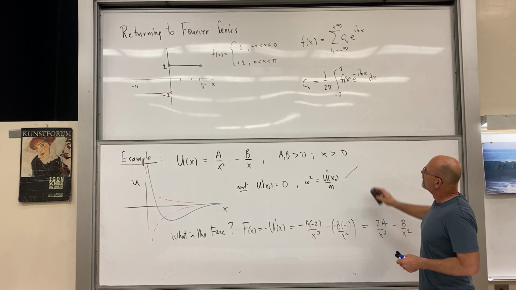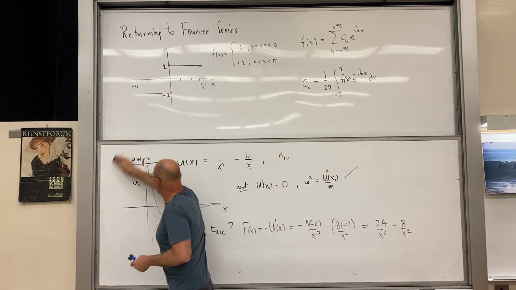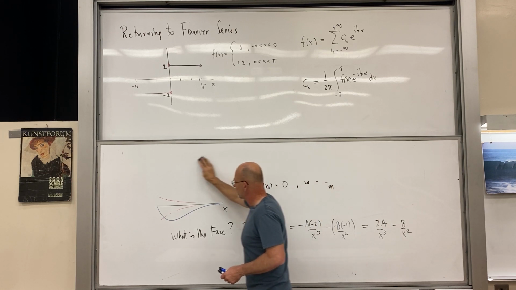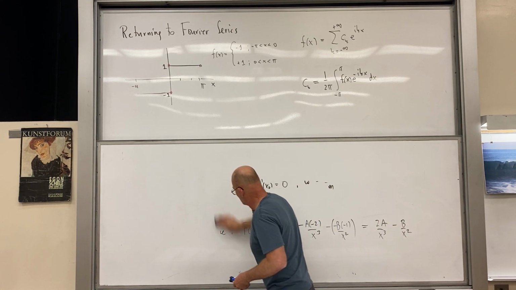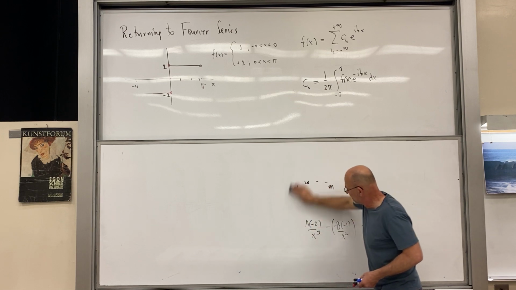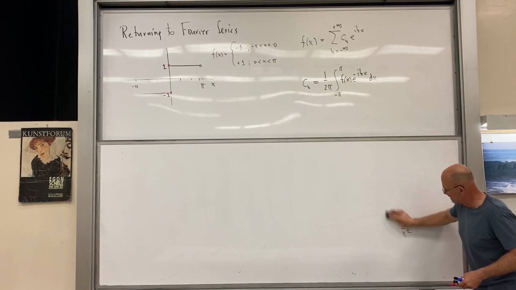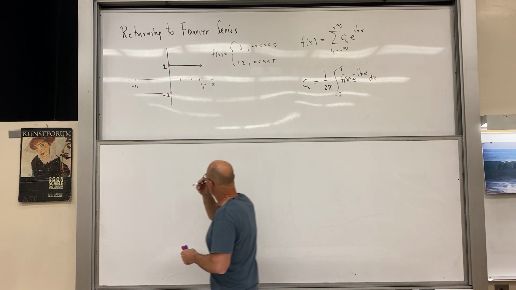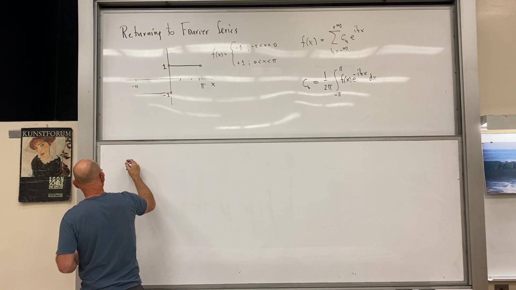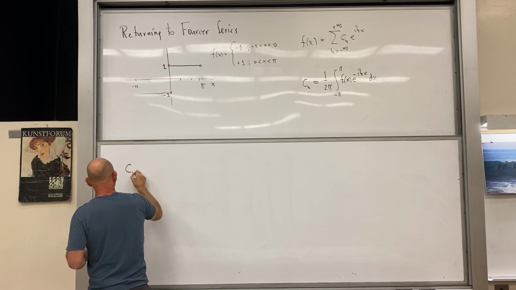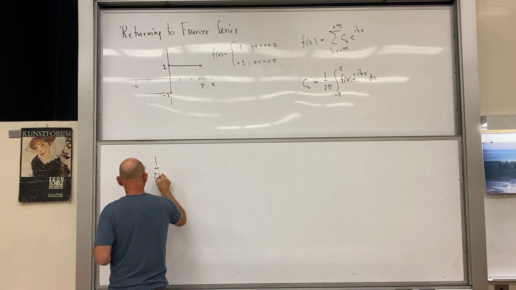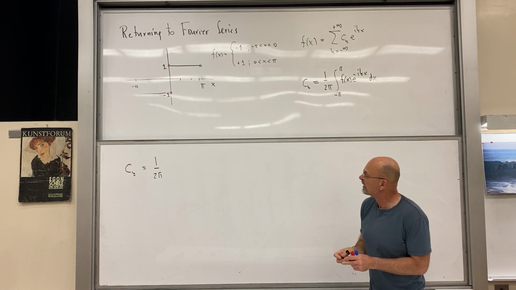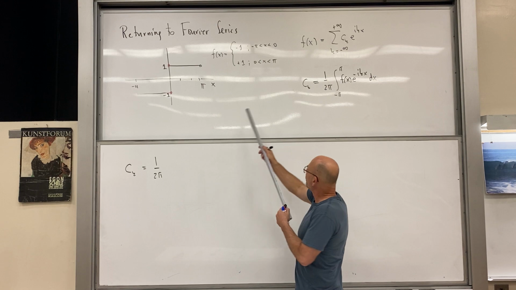Okay, here we go. We're going to try to get the general c sub k right out of our definition, 1 over 2 pi. Now we can break this integration up into the left half and the right half.